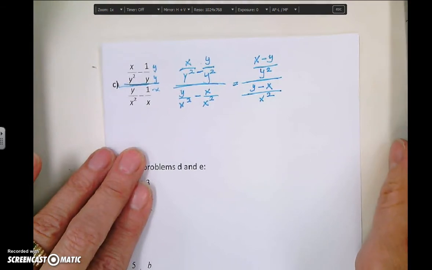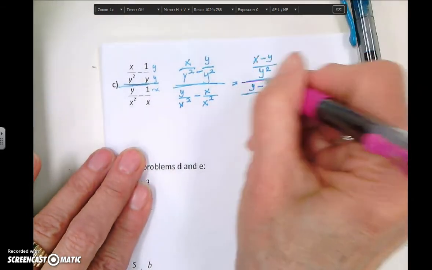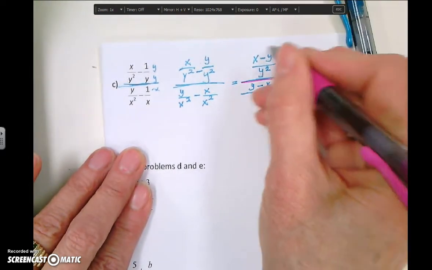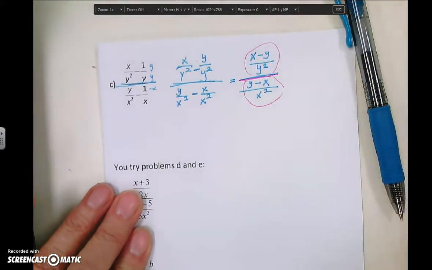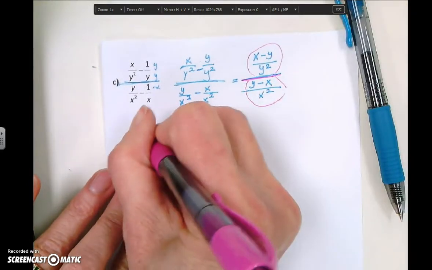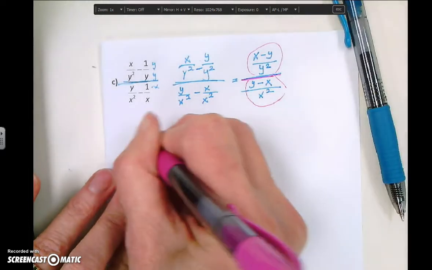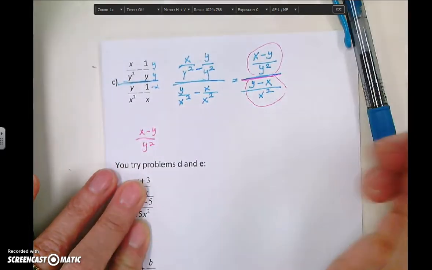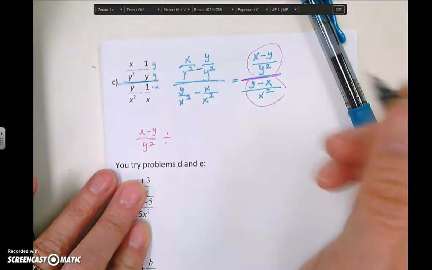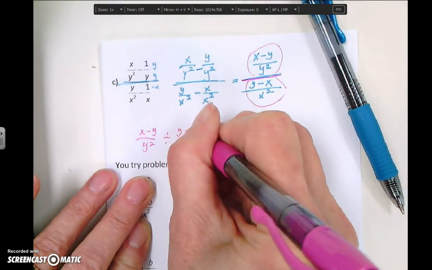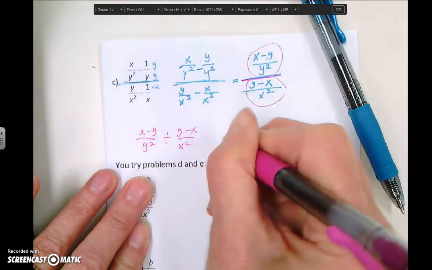Now I'm ready to do my division, where I take my numerator and divide it by my denominator. So I have x minus y over y squared, divided by y minus x over x squared.